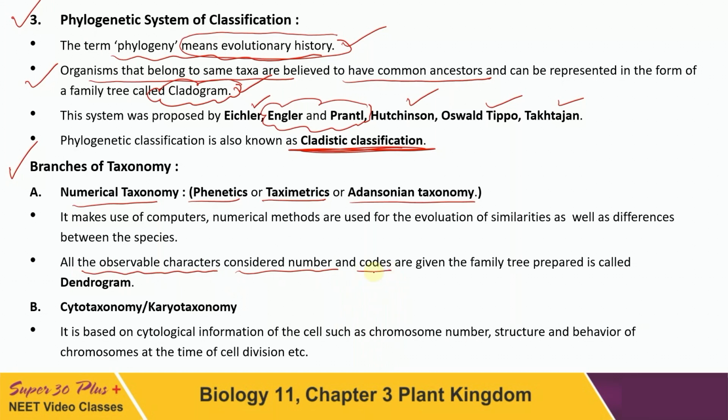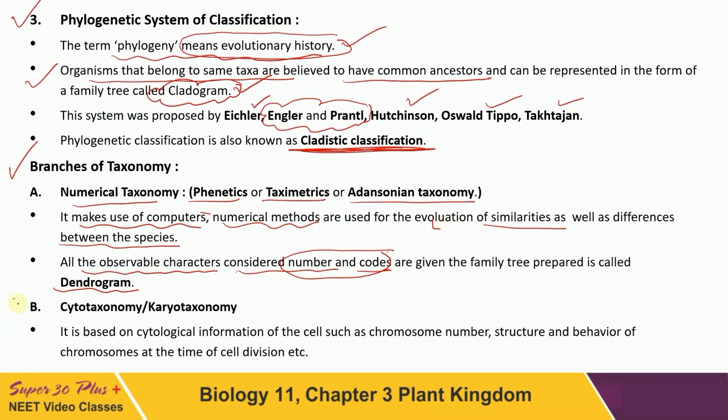Each character is given a code, and the tree prepared on the basis of this is known as dendrogram. All such codes are kept in a computer, using numerical methods, and therefore similarities as well as differences between the species are found, with computers being used.